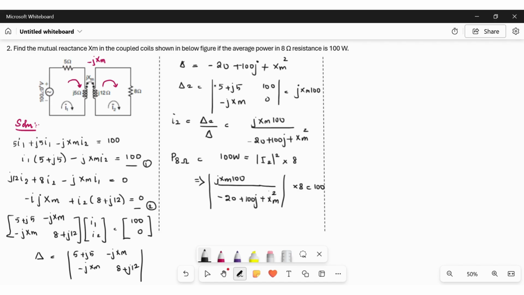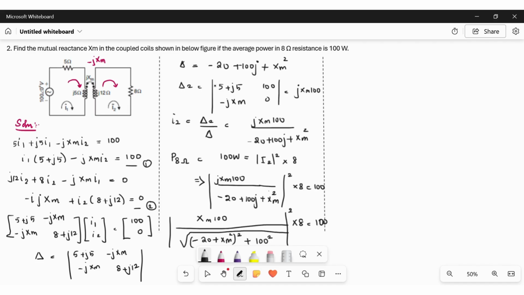We can cross multiply this and further simplify this, or else we can first take the magnitude. So when we take the magnitude for this function, the answer will be XM 100 divided by root of minus 20 plus XM square the whole square, because this is supposed to be the real part, plus 100 square. And the magnitude, the whole square into 8, which is equal to 100.